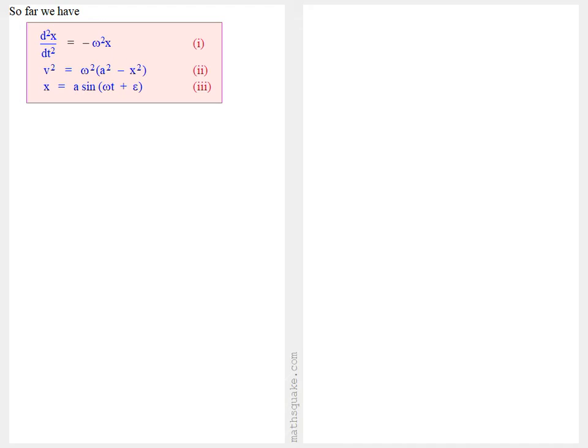So far we have three equations involving simple harmonic motion. d2x by dt squared equals minus omega squared x is the fundamental formula for simple harmonic motion. We can solve this to find v in terms of x. We have v squared equals omega squared into a squared minus x squared.